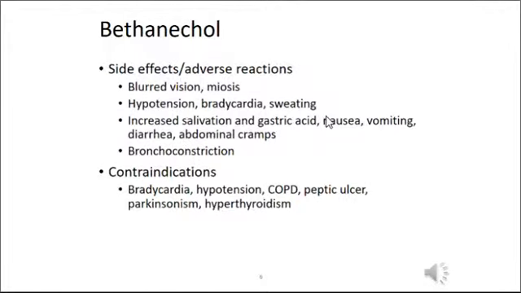Hypotension, bradycardia, sweating. Again, it's stimulating certain things, slowing down others. It's contraindicated in bradycardia and hypotension, obviously, because it's going to slow everything down, and with low blood pressure you don't want to lower it some more.